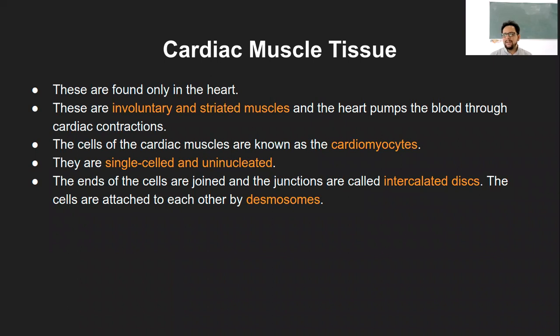Now, cardiac muscles are again involuntary because you can't control the action of your heart. And these are striated muscles. Why? Because they perform a specific rhythmic activity, and they have to pump the blood with the same force every time. So there has to be some pattern in the protein arrangement, and that's why striations are present.